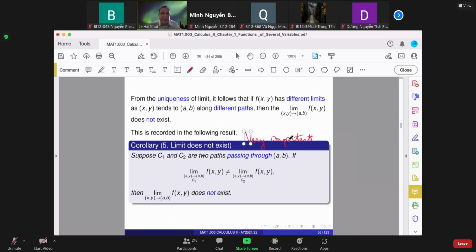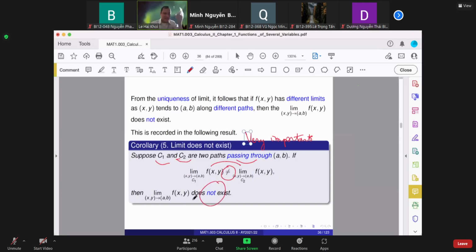Okay, here, very important corollary. Suppose you have two different paths, C1 and C2, passing through a point (a, b), and the limits along these two paths are different as (x, y) tends to (a, b). Then the limit in general doesn't exist.